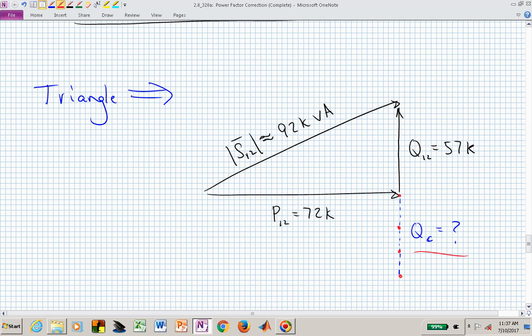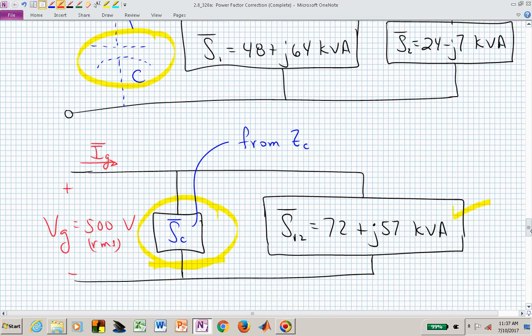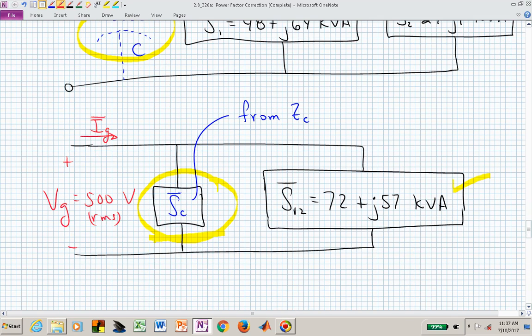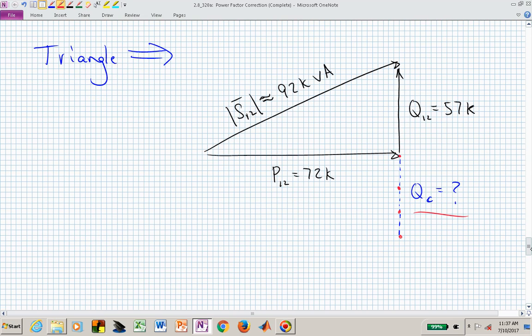So now let's find out what we need to request from Z sub C, the impedance of this capacitor that we are adding, in order to make the reactive power from that impedance, Q sub C, actually cancel the reactive power in loads 1 and 2.